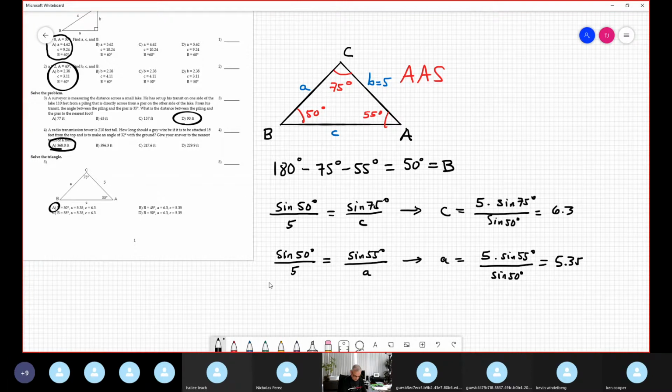It's easy. It's basically AAS: two angles given, one side given. So for sure, it is not ambiguous. There are no multiple solutions. It's specifically one triangle, only one. You apply that the sum of the interior angles is equal to 180, you solve for the remaining angle, and after that you apply the law of sine two times.